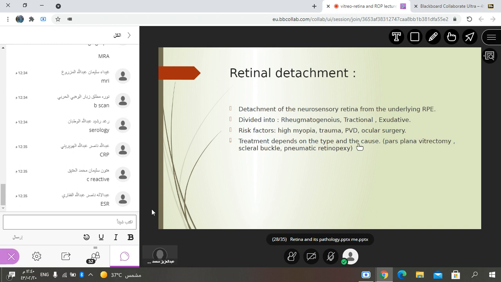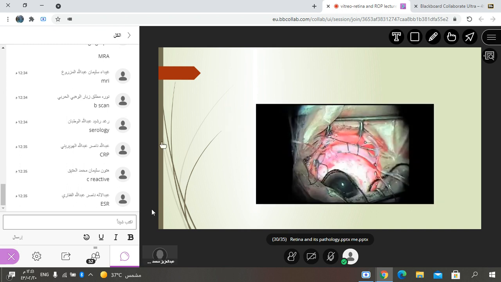Treatment depends on the type and the cause. The surgical options that we have: either pars plana vitrectomy, and we explain what is pars plana, scleral buckle, where we are going from outside, and pneumatic retinopexy, where we are pushing just a gas inside the eye to close the retinal break.